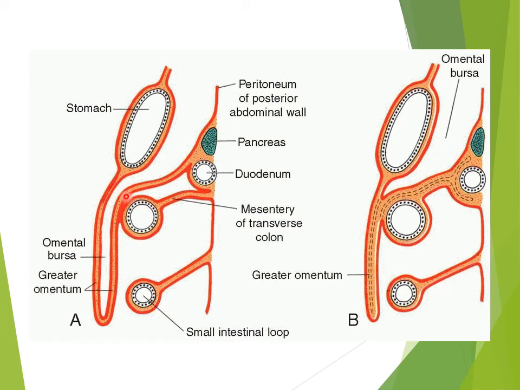So actually, in between the two layers of the greater omentum is the inferior recess of the lesser sac, which is obliterated when there is fusion of the greater omentum. And now there is only the superior recess of the lesser sac or omental bursa, which is communicating to the greater sac through the epiploic foramen.